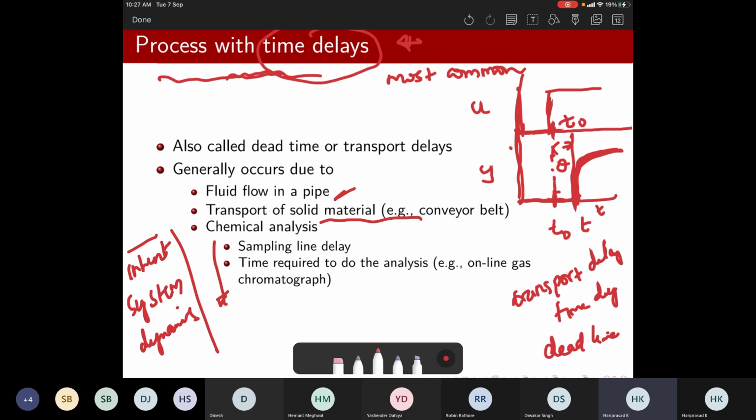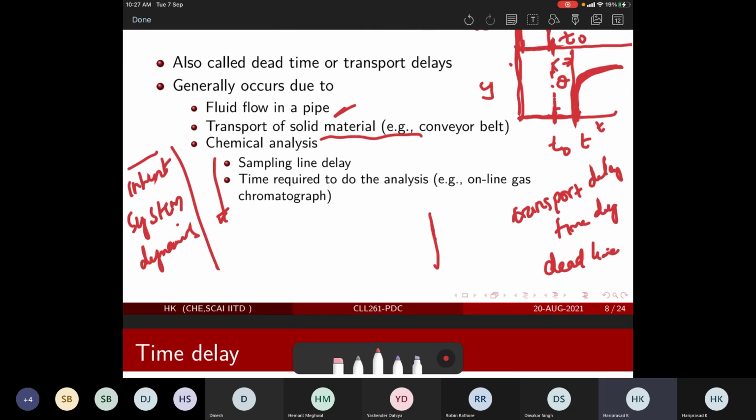So let's say you wanted to measure the composition of a product, the distillate. So of course this is the feed, this is the reboiler, this is the condenser, and finally the distillate. Here is the distillate.